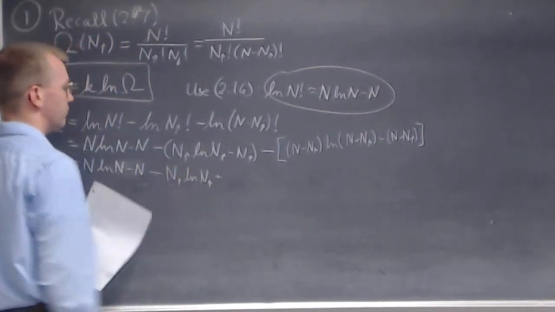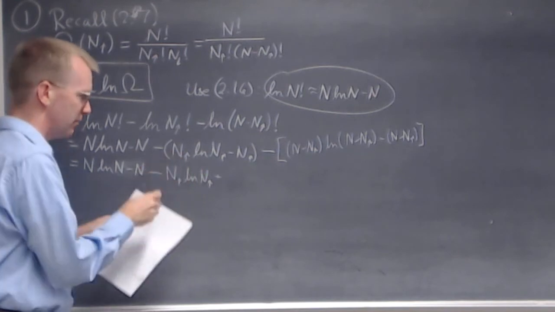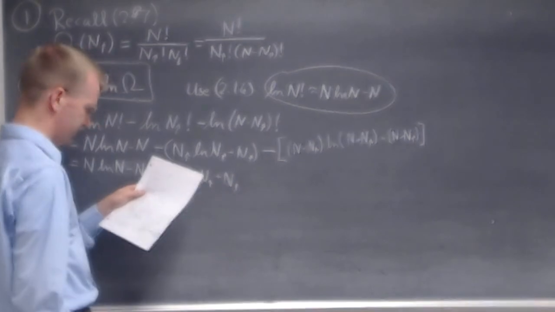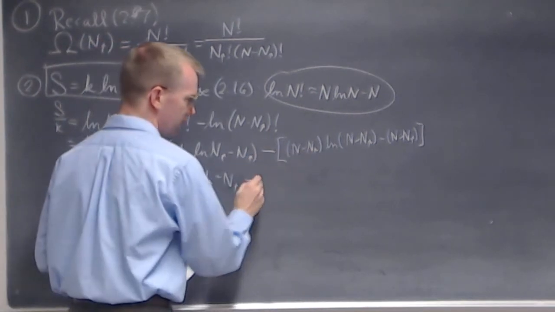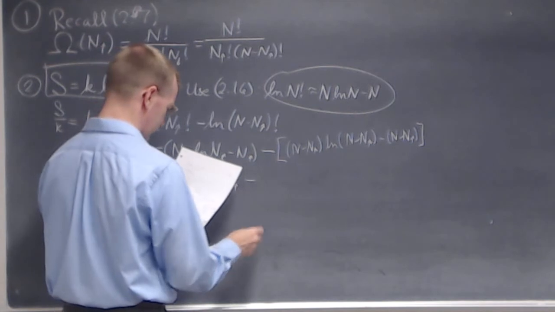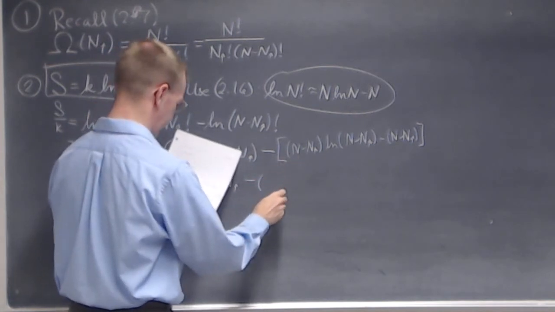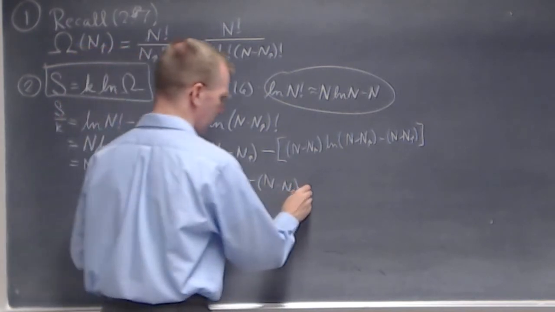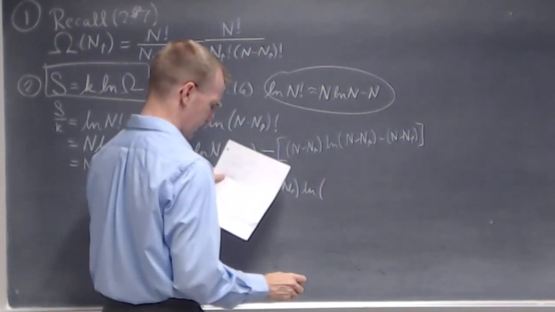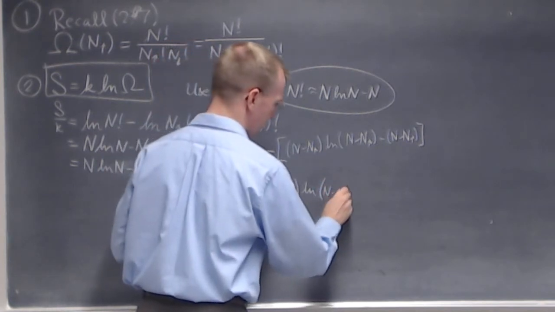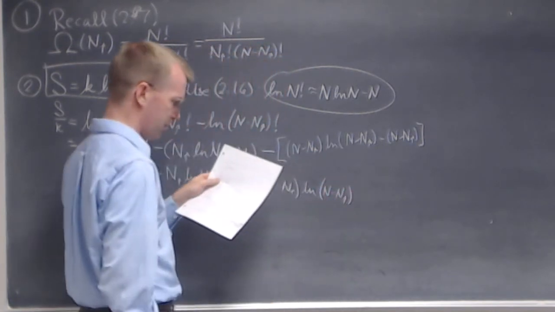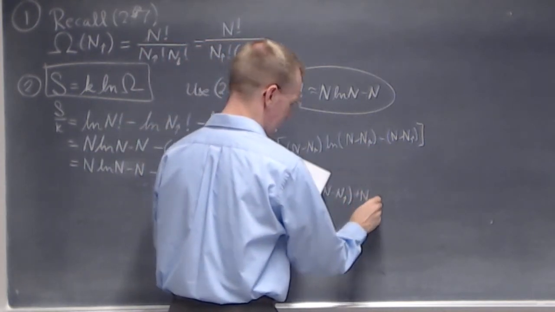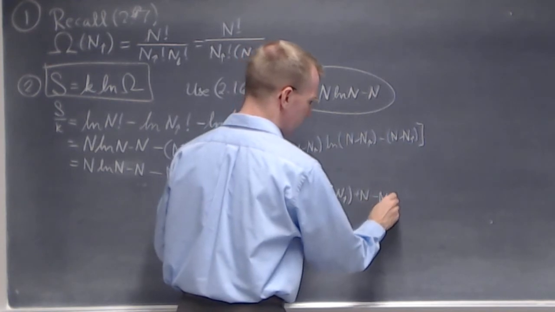Minus n log up, minus n up log n up plus n up. Okay. Minus parentheses n minus n up log n minus n up, plus, let me break that last one out, so it'll be plus n minus n up.